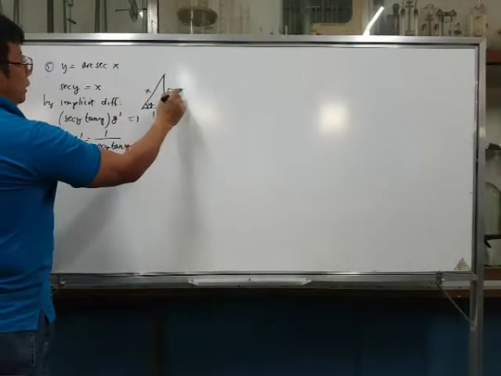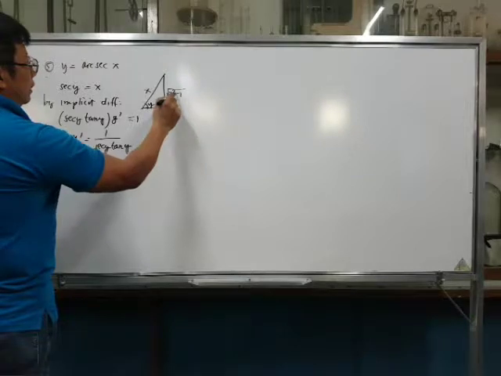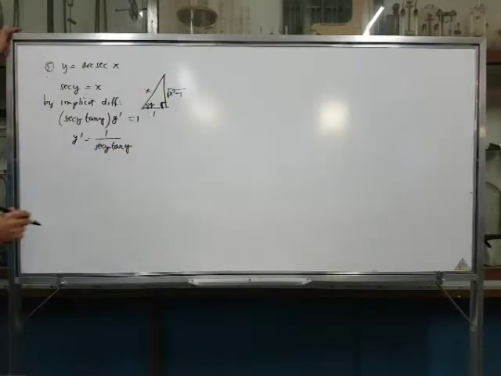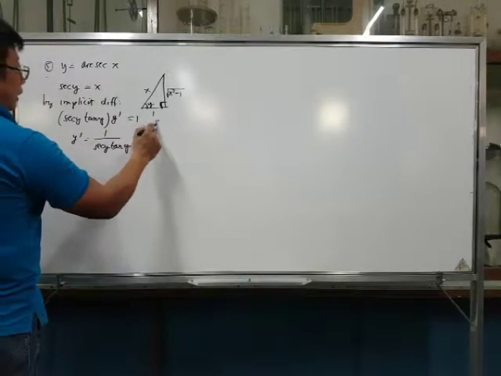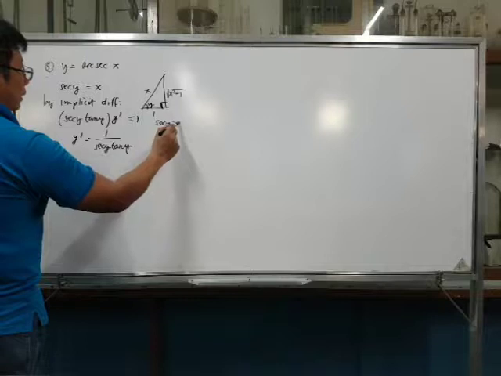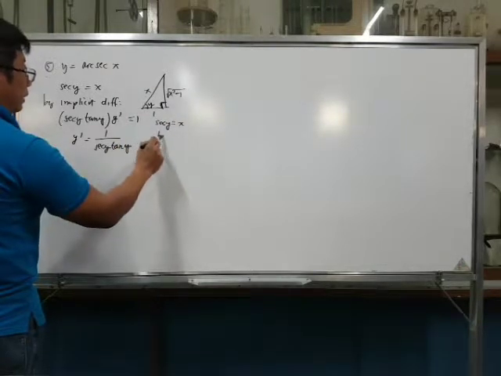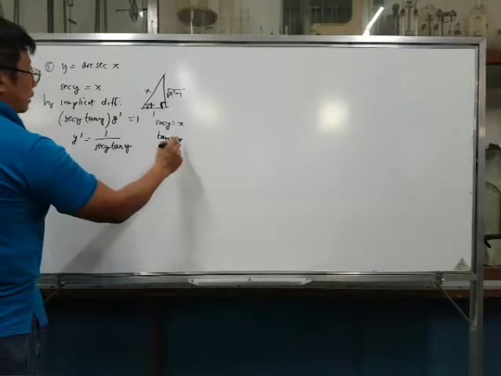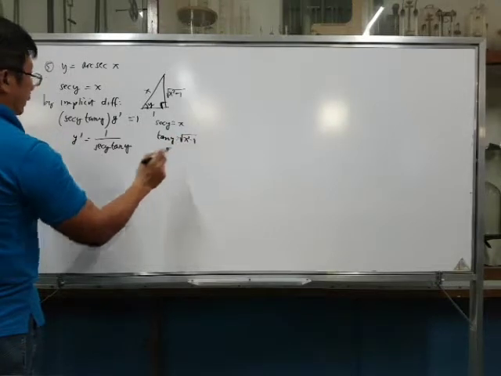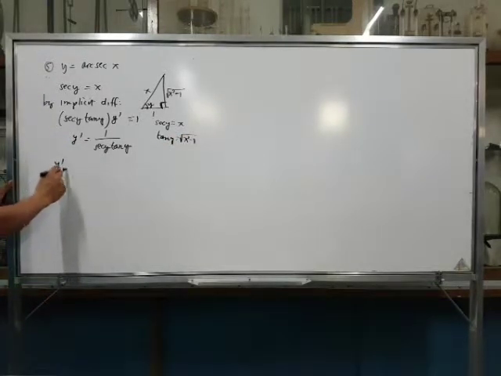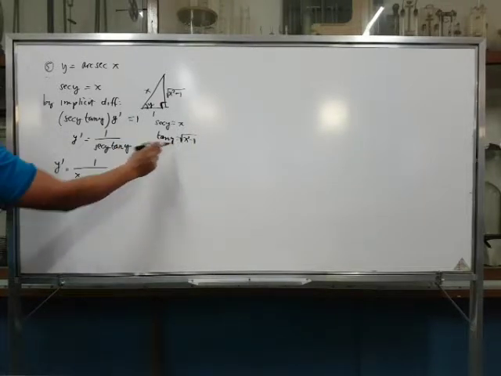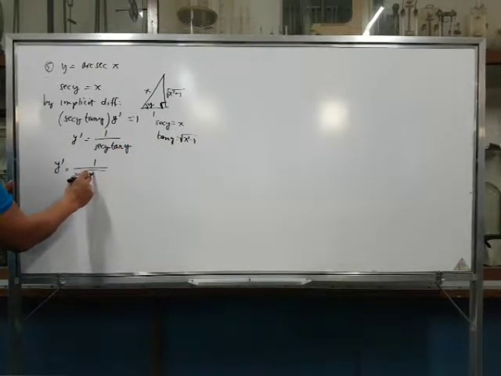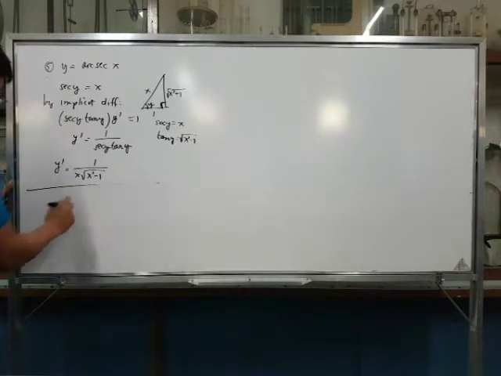By Pythagorean theorem, the other side is calculated as square root of x squared minus 1. So secant y is equal to x, and then we need tangent y. So tangent y is square root of x squared minus 1. So y prime is 1 over secant y, this is x, tangent y is square root of x squared minus 1.